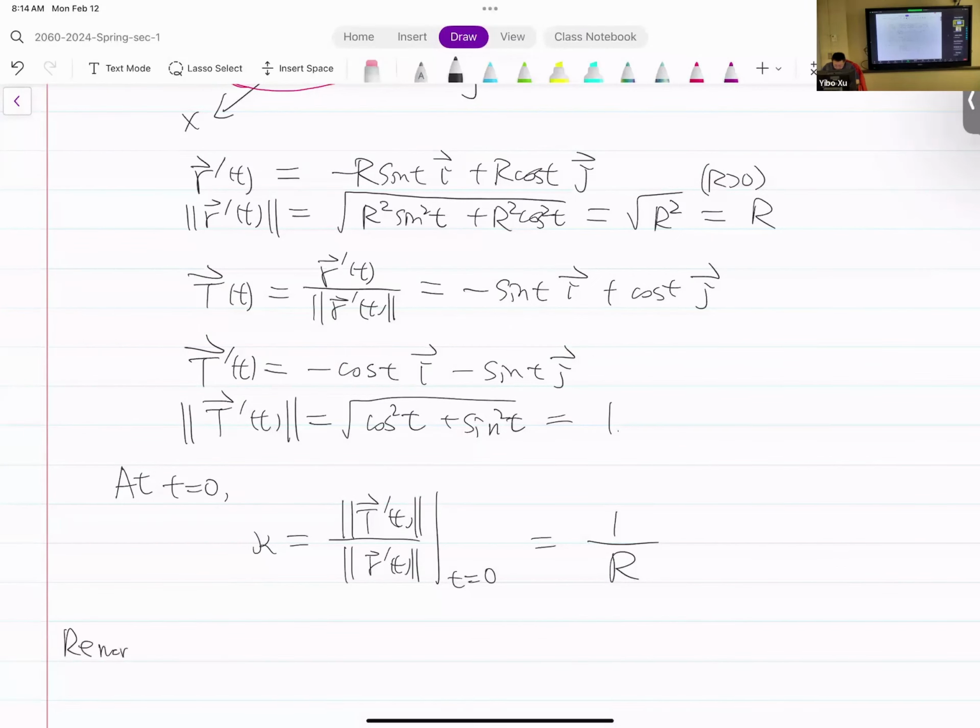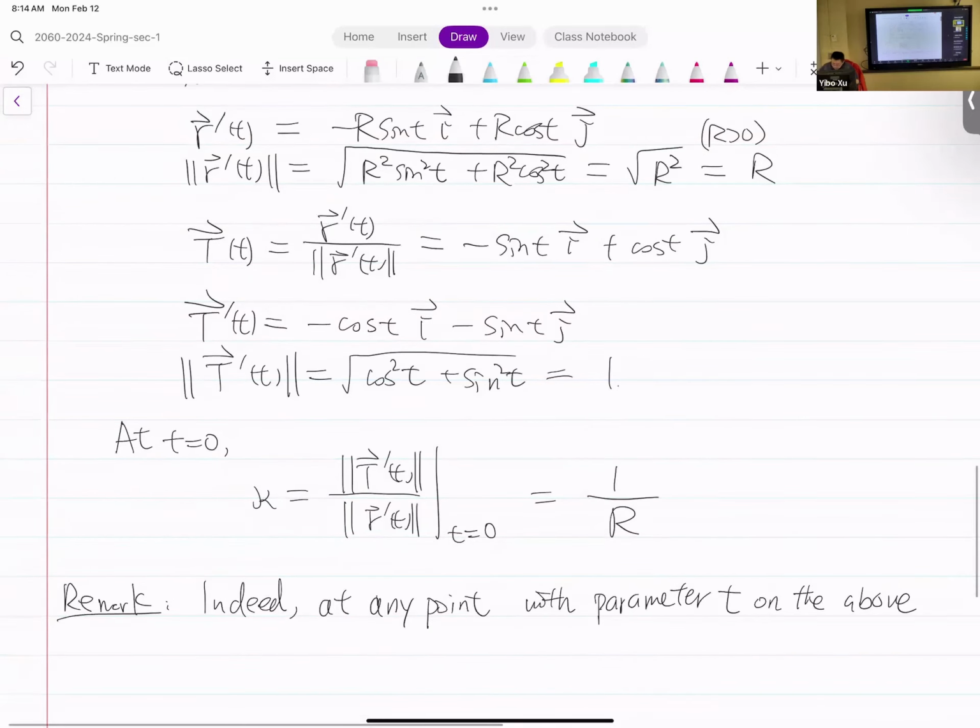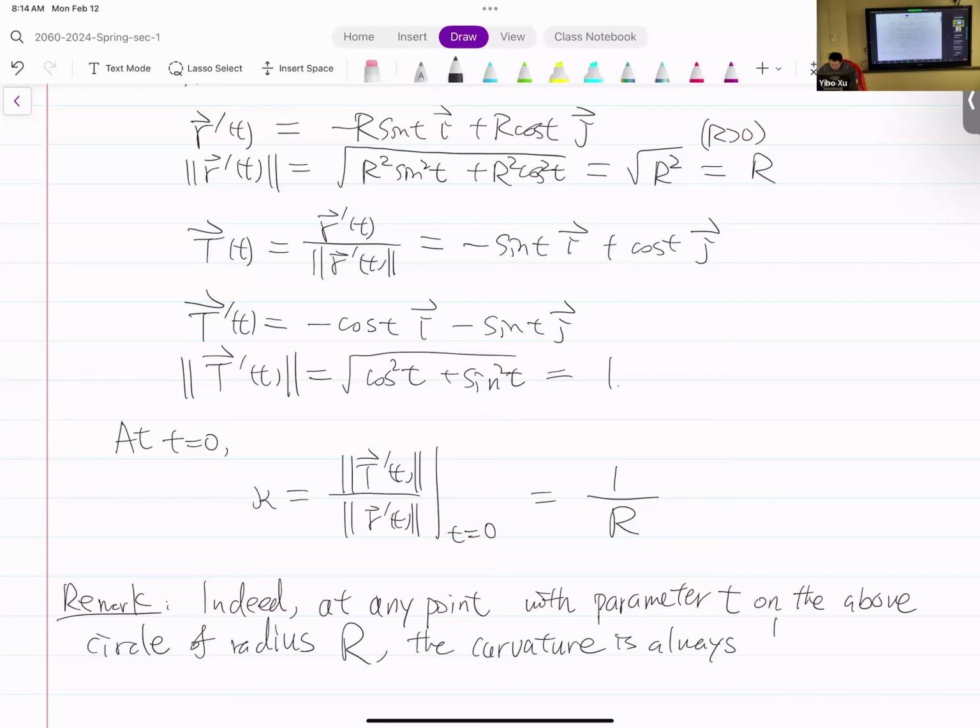So we remark: indeed, at any point with parameter t on the above circle of radius r, the curvature is always 1 over r.